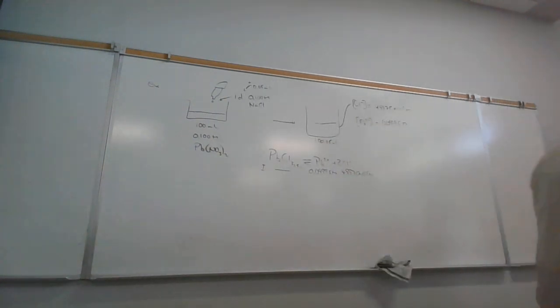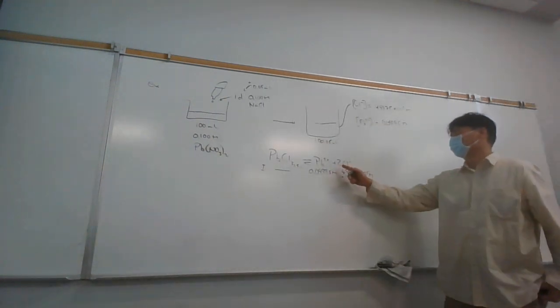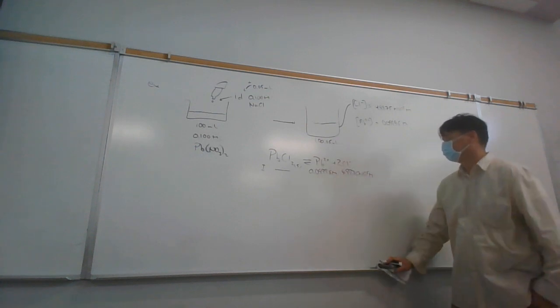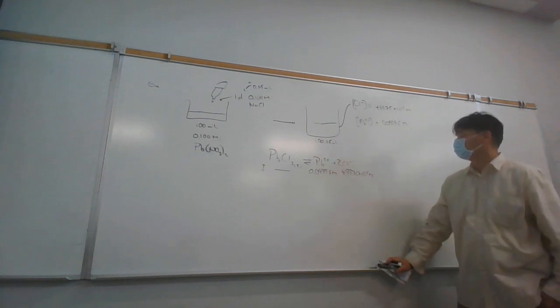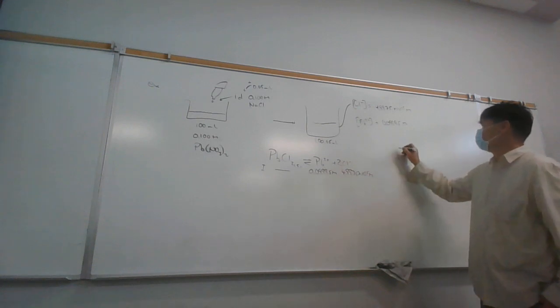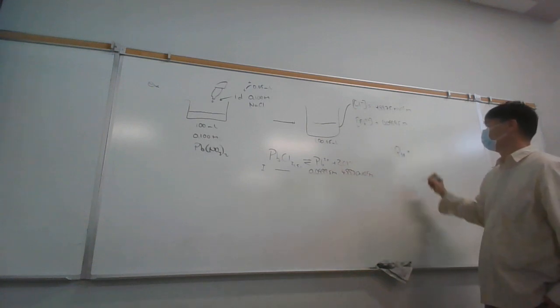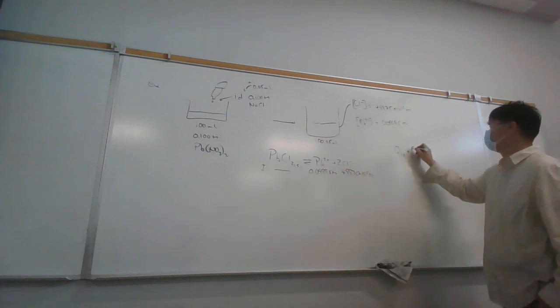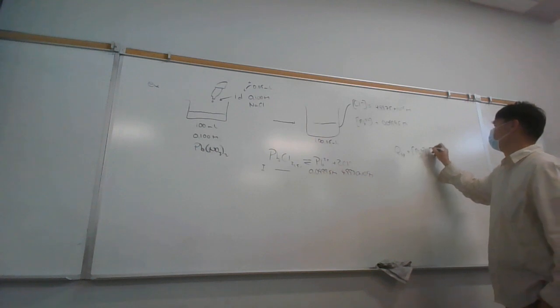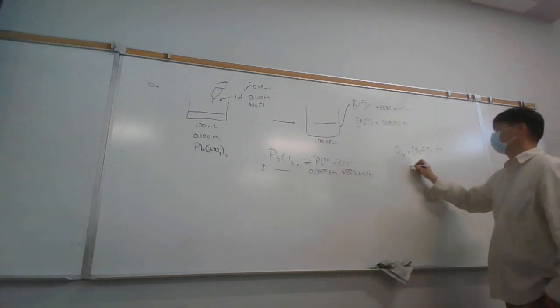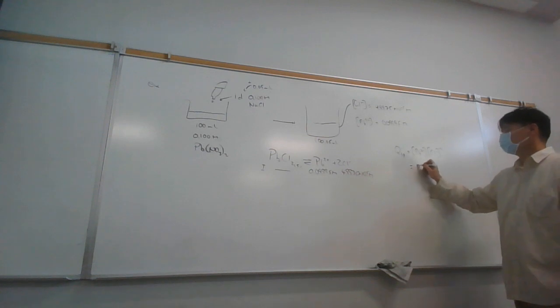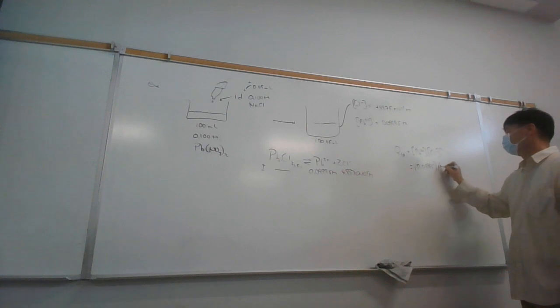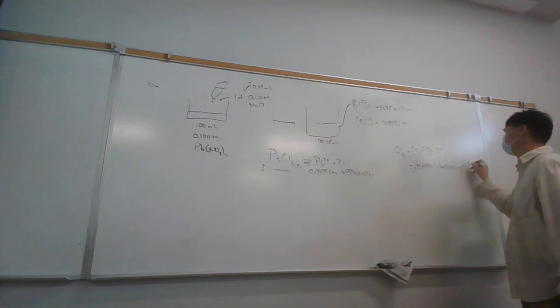For every lead, I need 2 chlorides. Okay, so that's my initial. I'm going to check the initial to see if it's already at equilibrium or below or above. And so QSP is going to equal the lead concentration times the chloride concentration squared. The lead concentration is 0.09995, and the chloride is 4.9975 times 10 to the minus 5, squared.